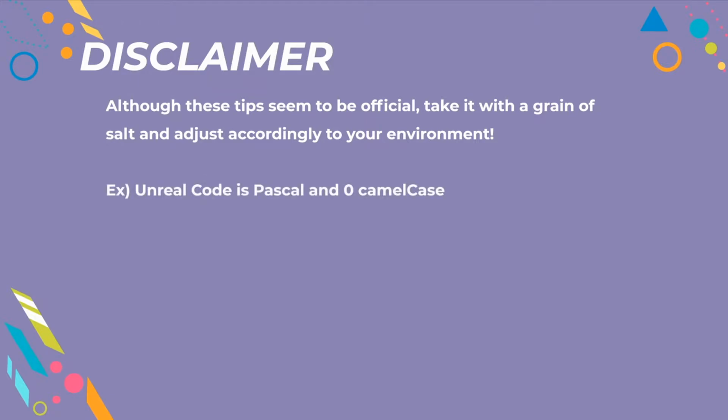As a quick example, we'll get more to this later, but in Unreal the naming convention is Pascal case, not camel case, which means that every variable starts with a capital letter, which typically you don't do in C++.